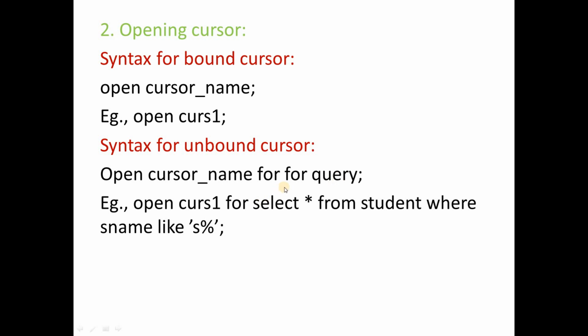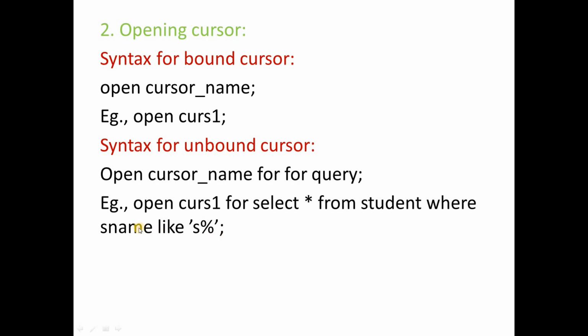Here it is only a single for, that's my mistake. A single for is used here, and after that your SQL query is provided whenever you open an unbound cursor, because you have to attach that cursor name to a particular query. That means this is the ready to use cursor variable. So here is the example: open cursor one for select star from student where student name like S%.